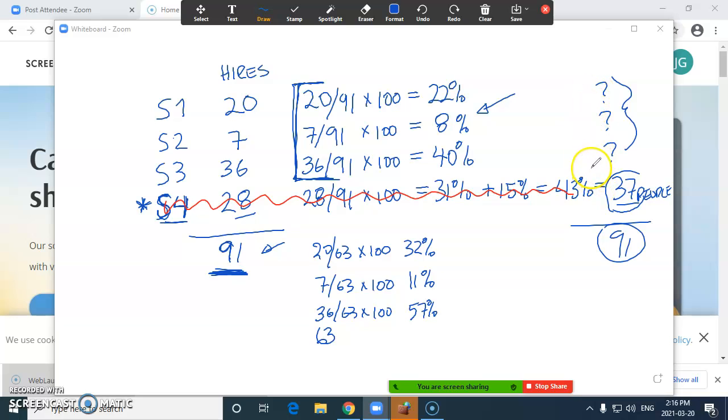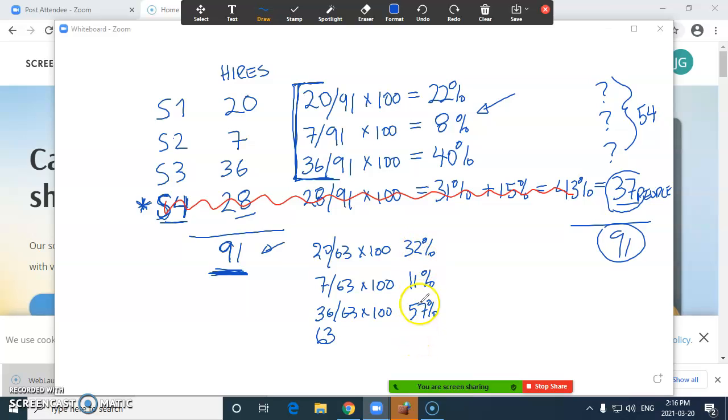Well, what is the remaining? The remaining is 91 minus 37, which is 54. So we've got 54 hires that we need to distribute here. We know how these 3 sources relate to each other when we get rid of source 4, and we're just going to use the same proportions.